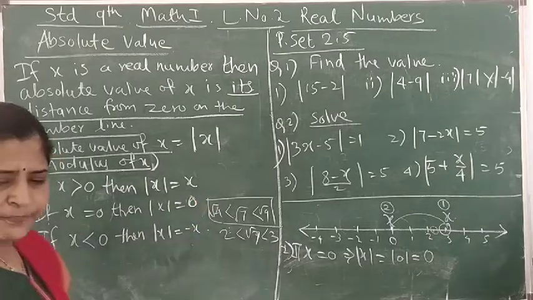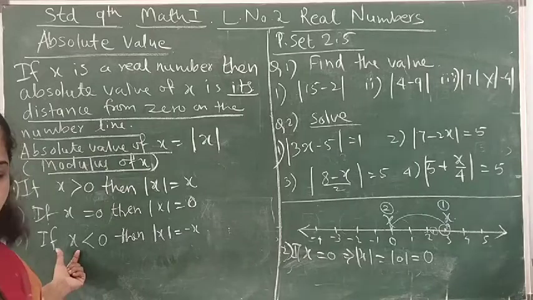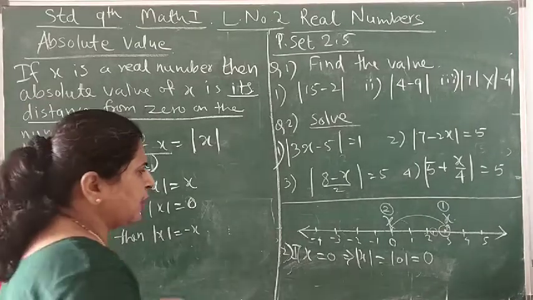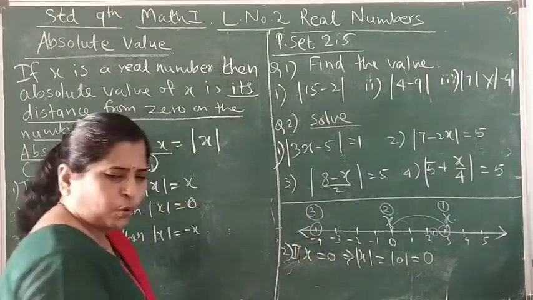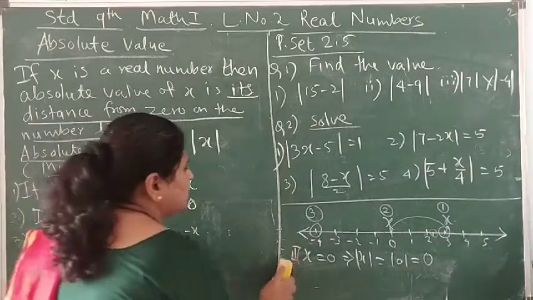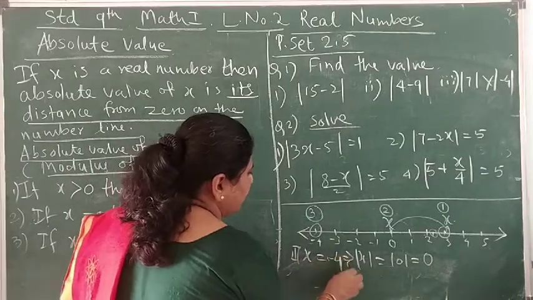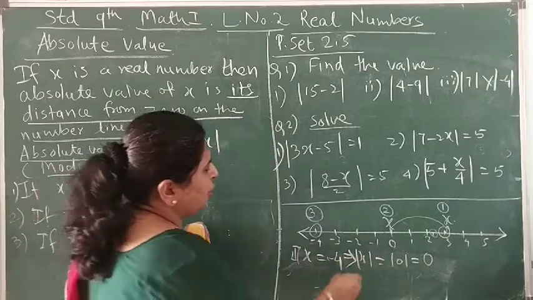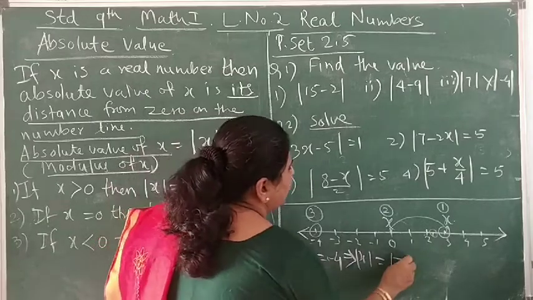Clear? And now let's see the third case, when x is less than 0, meaning it is negative. If x is negative, any number, let's take this number, third case. If x is negative, what will happen? In the third case, if x is equal to minus 4, then the absolute value of x is the absolute value of minus 4.